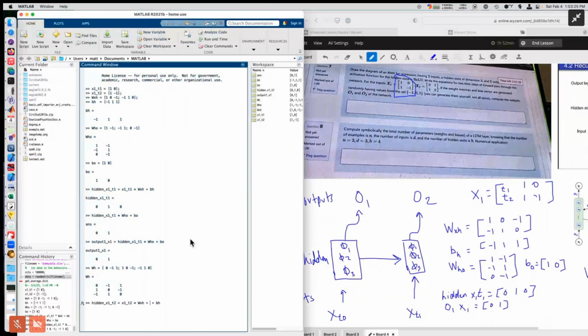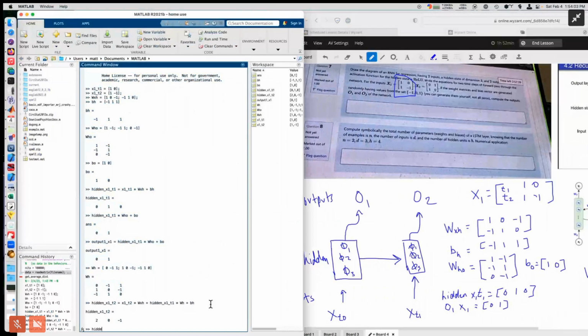We need to add in hidden from time 1 times wh. So that's your previous time step times your hidden weights, and then still add your biases. So I think that's right. That should give you 2, 0, negative 1.